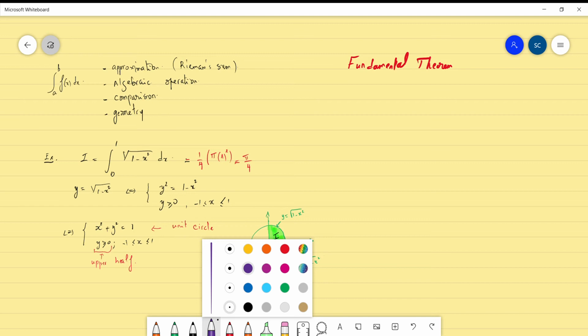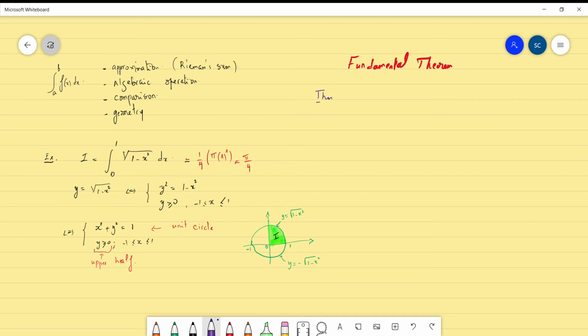Here is what the theorem says: if we have a continuous function f, say in C^0 over the interval [a, b], then the exact area of f over the interval [a, b] under the curve y equals f(x) is exactly F(b) minus F(a), where F'(x) is f(x).